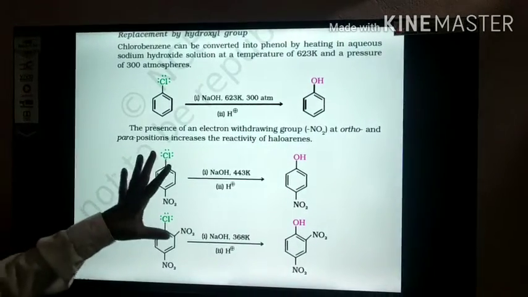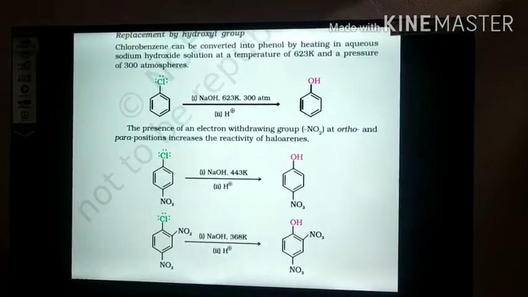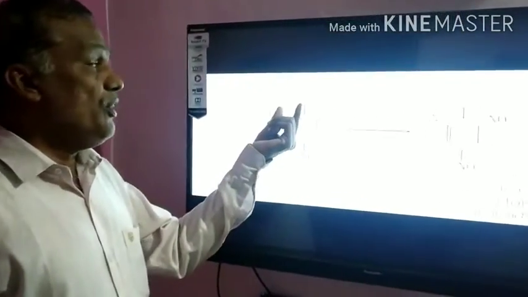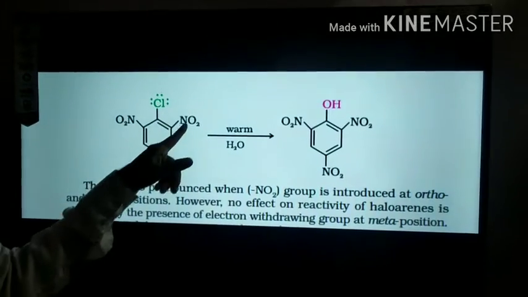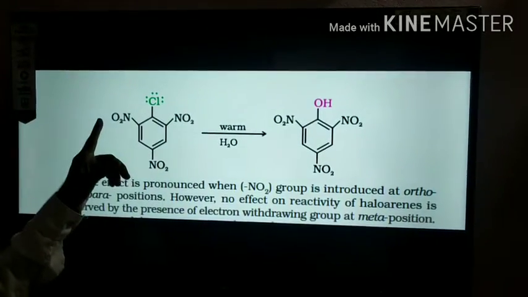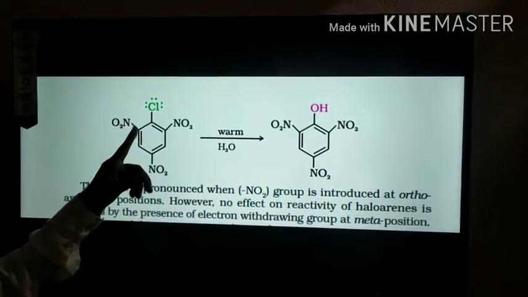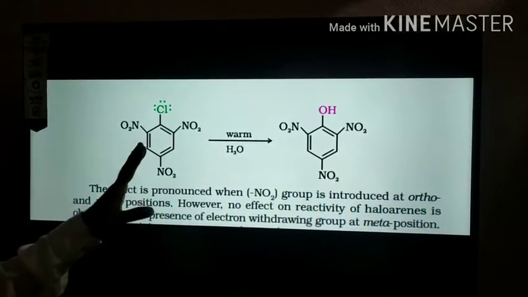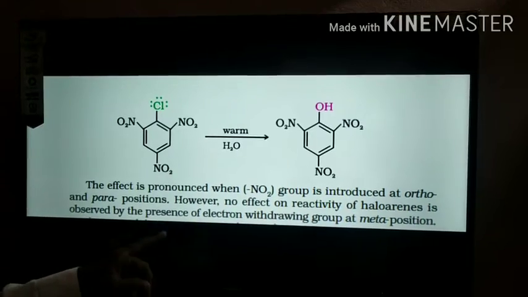So these are the important conversions: chlorobenzene to phenol, and ortho or para nitrochlorobenzene to ortho or para nitrophenol. We should know these. If an electron withdrawing group is present, then the reactions will take place at the ortho and para positions only, with no reactions at the meta position.